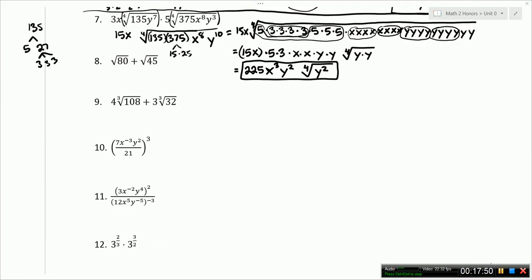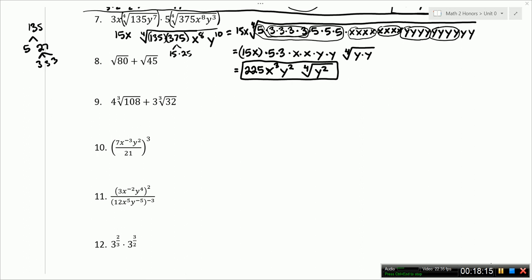On number 8, we're adding two radicals. The rule is we can only add radicals if they have the same number underneath that radical sign. In this case, the square root of 80 plus the square root of 45, we can't directly add. But if we simplify them first, we may find that things change and allow us to add them.